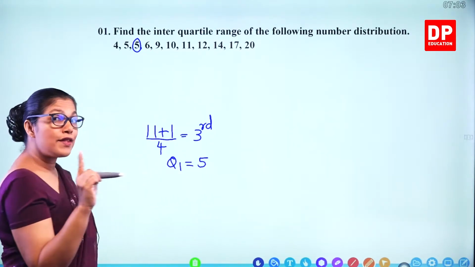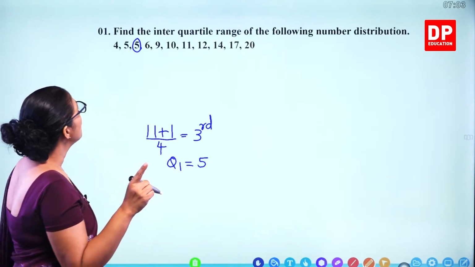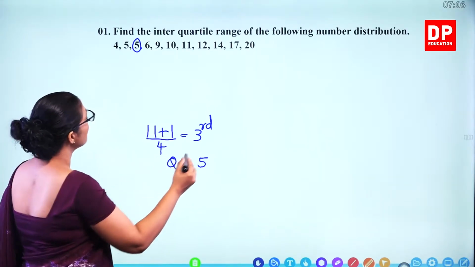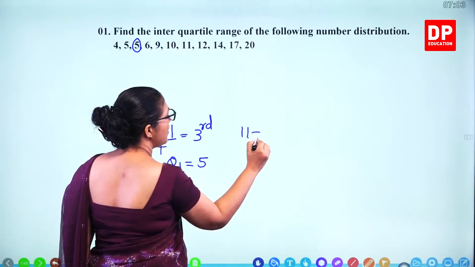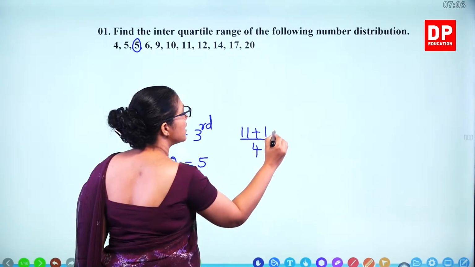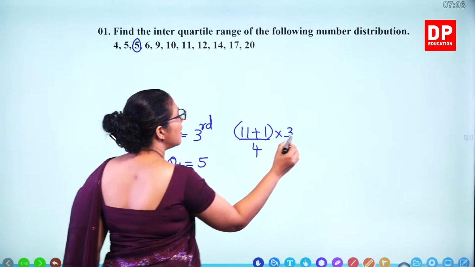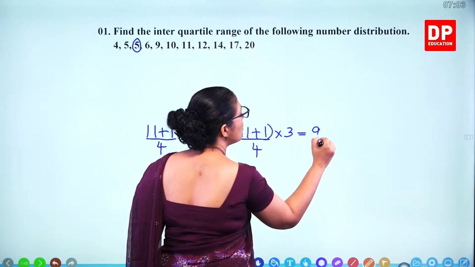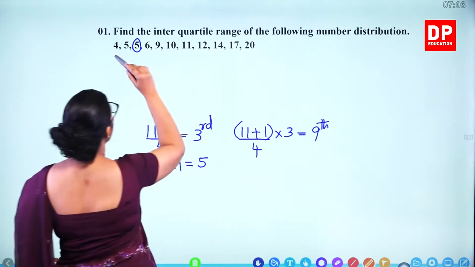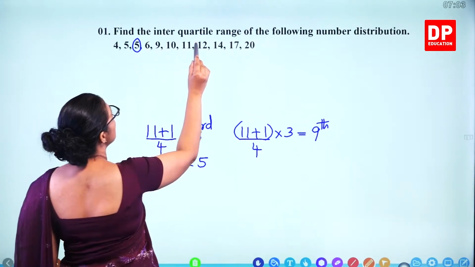Now we need to find the third quartile. 11 plus 1, divide by 4, multiply by 3. You get the ninth one: 1, 2, 3, 4, 5, 6, 7, 8, 9.